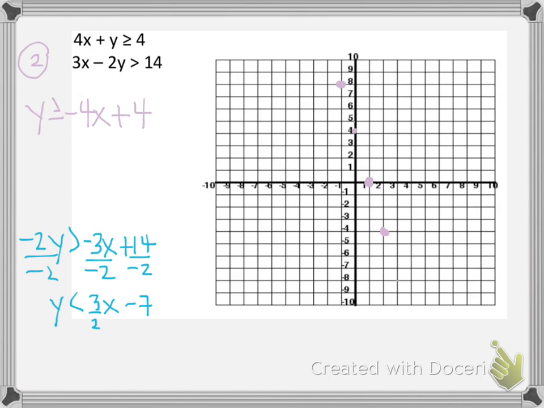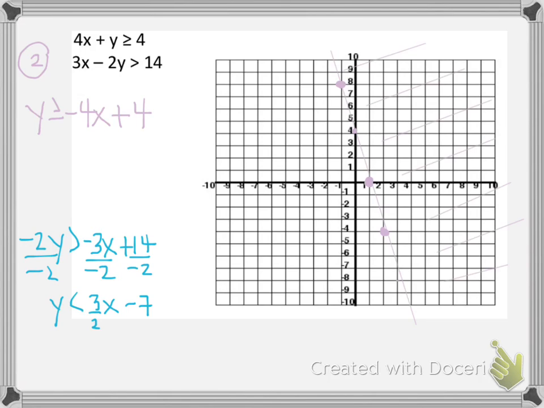Okay, so this is going to be a solid line here. So y is greater than or equal to, so it's everything over on this side.